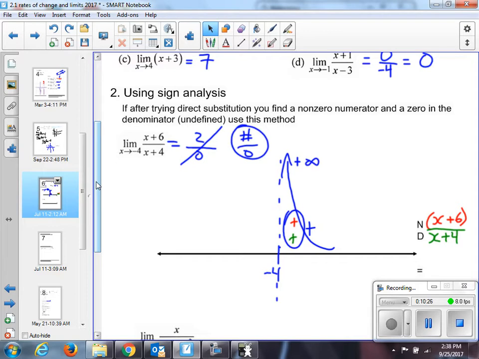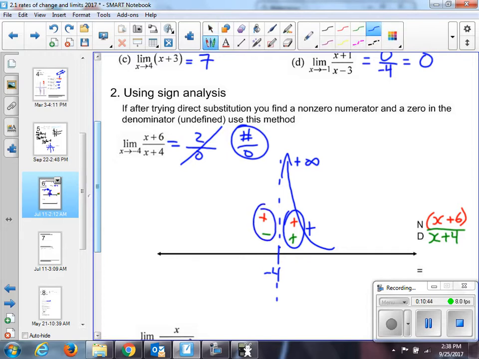And then on the other side, the numerator is still going to be, when I do negative 4.1, sorry, before I was talking about that. It's still going to be positive on the numerator, but the denominator, negative 4.1, will give a negative sign.